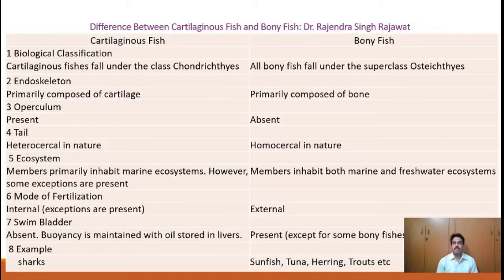Whereas the bony fishes inhabit both marine and freshwater ecosystems. So they are distributed in both marine and freshwater ecosystems, whereas the cartilaginous fishes primarily inhabit the marine ecosystem.